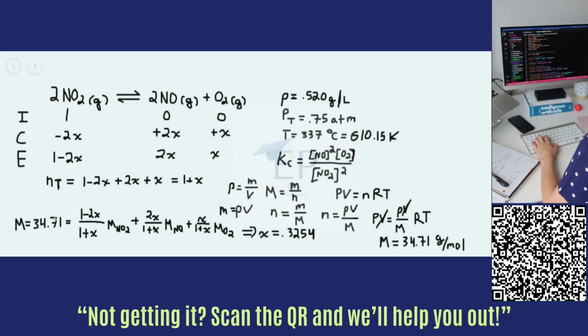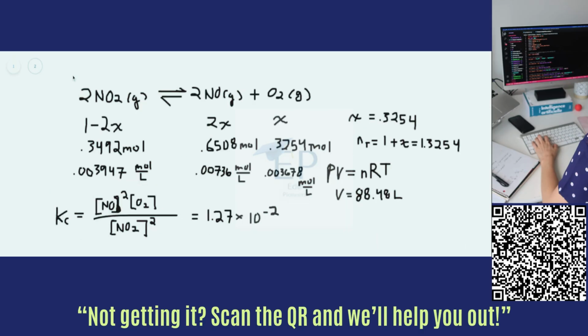And from that, we were able to solve for our x term using the molar masses of the gases in this reaction. We found x to be 0.3254. We plugged that back in here, and we found the number of moles of each of the gases. We then calculated the volume of the container using this equation, all the terms we now have, found the concentration of each of those gases, plugged those in for Kc, and we were able to solve for the equilibrium constant.